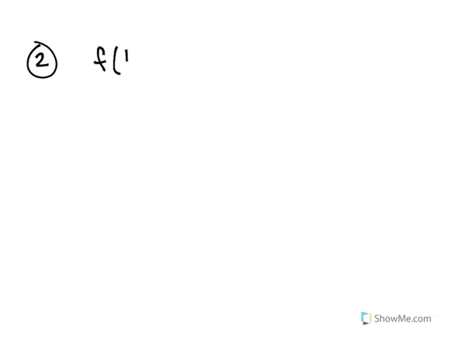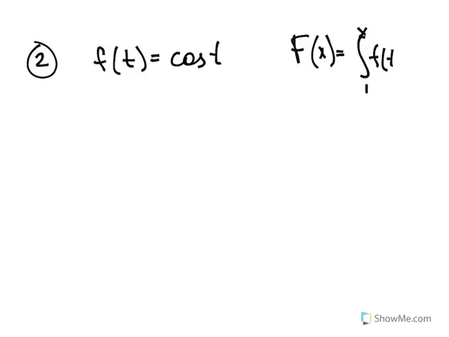So f of t equals cosine of t. Again, they want us to use that main formula, F of x equals, I'm just gonna copy it, the integral of f of t, the original function, dt. And then we're gonna find the derivative of that.